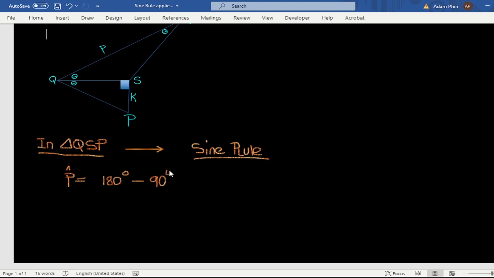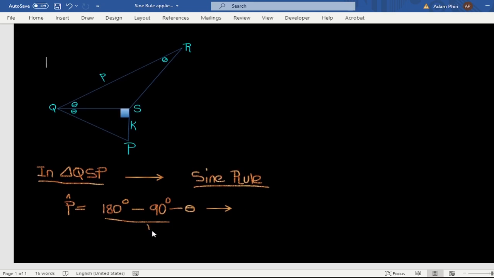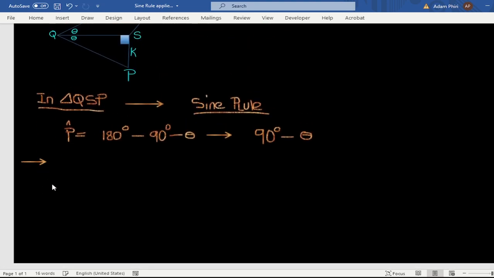So it's going to be 90 degrees minus theta, because we have another 90 degrees known. So 180 minus 90 is 90 degrees, and then 180 minus theta gives minus theta. Okay, so we have 90 degrees minus theta.